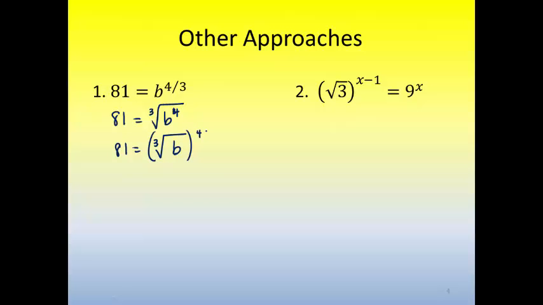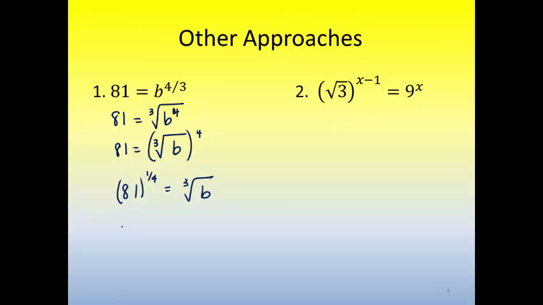Well, since it's being raised to the 4th power, I can take a 4th root of the other side. That is, I can take this and raise it to the 1/4 power, and I have the cube root of b on the other side. So I'm undoing the exponent by taking the reciprocal exponent.